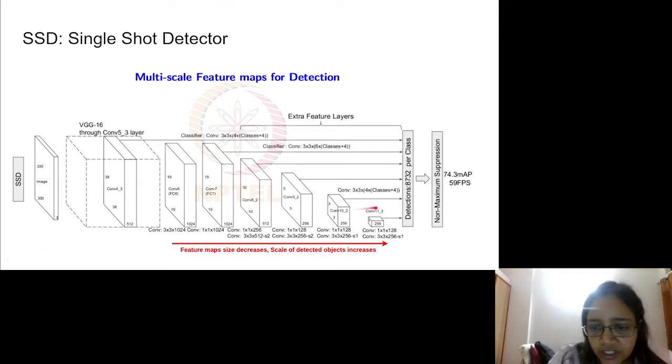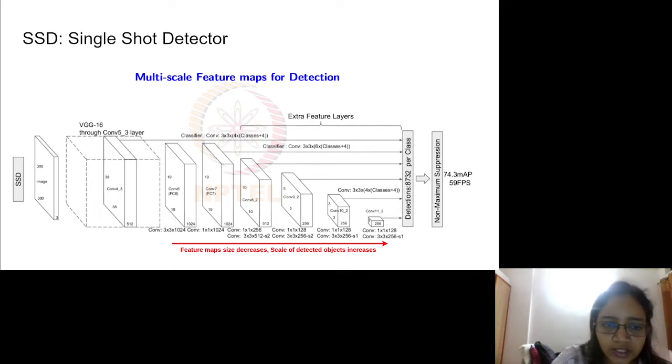And as you go deep into the network, as the resolution becomes smaller, your receptive field is becoming bigger and bigger, which means that you are looking at the high level features of the image. So this is probably why they do this, to detect objects of different resolutions and different sizes.